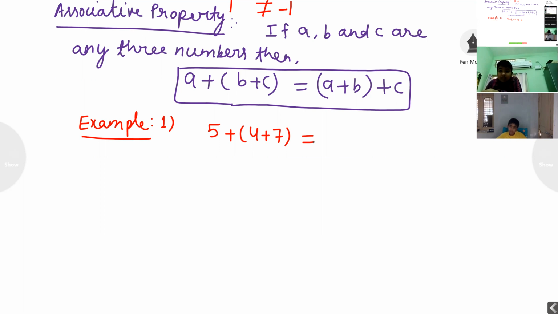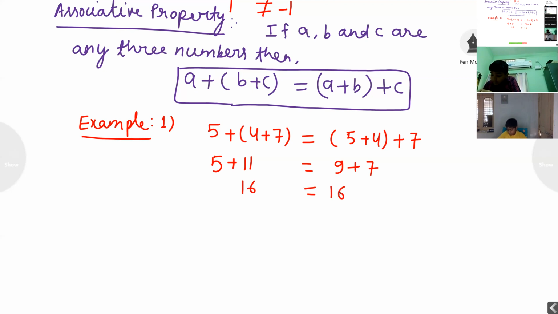Now these 5, 4, and 7 I can write in one group. At our wish, I can write 5 and 4 in one group. Now I want to check whether both side values come the same or not. 5 plus 4 plus 7, 11, is equal to 5 plus 4, 9, plus 7. 11 plus 5 is 16, equal to 16. Yes, our property is right.